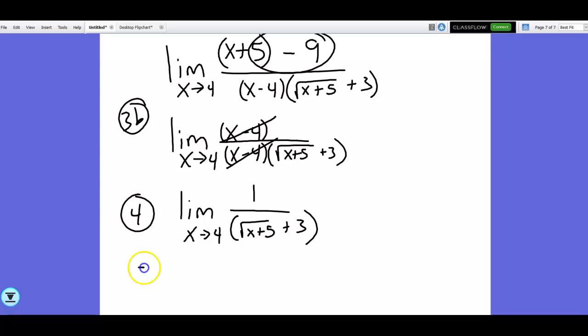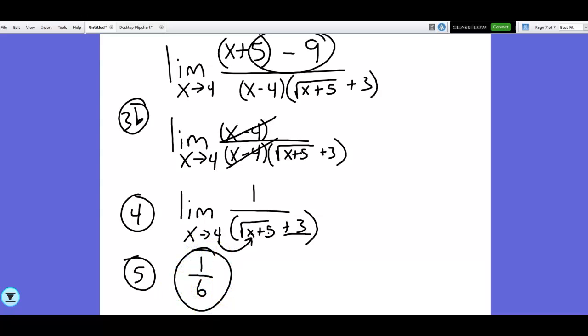Okay? And then for step 5, we're just going to do our direct substitution. So you're going to plug in 4 and see what you get. You get the square root of 4 plus 5, which is the square root of 9. Square root of 9 is 3. And 3 plus 3 is 6. So you end up with 1/6 by plugging that in.